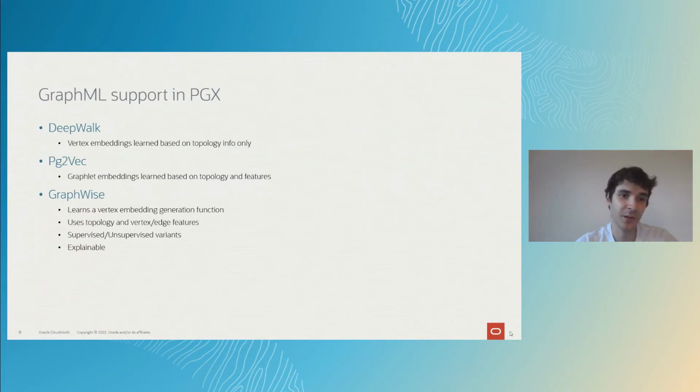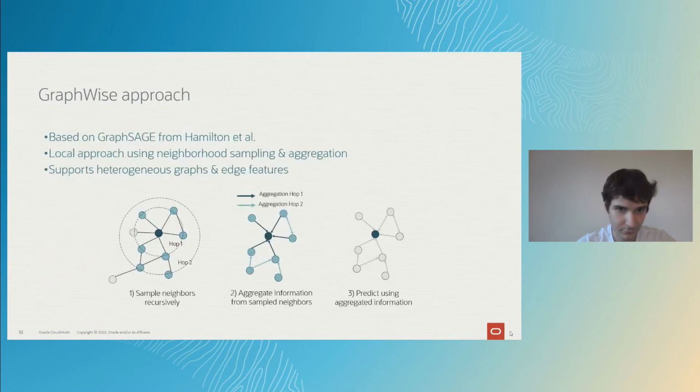The great benefit of GraphWise is that it's explainable, meaning that we will be able to produce an explanation of what mattered to make a given prediction. And this explanation, as we will see, is a graph itself, so it's very convenient for us.